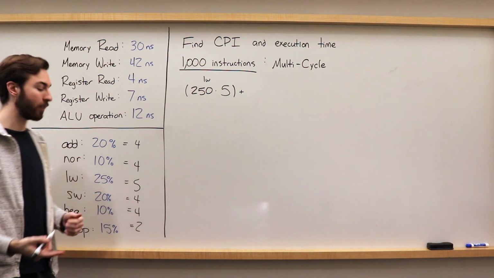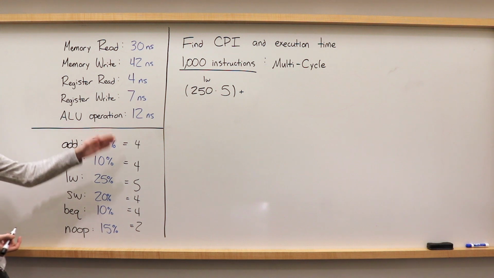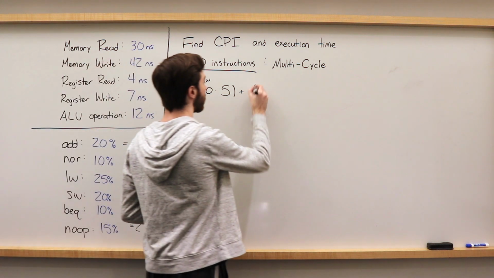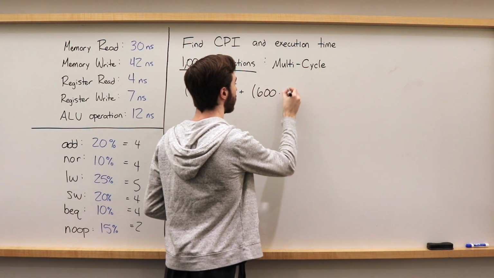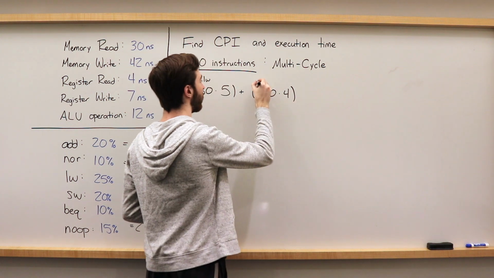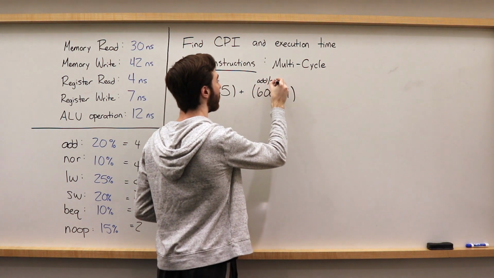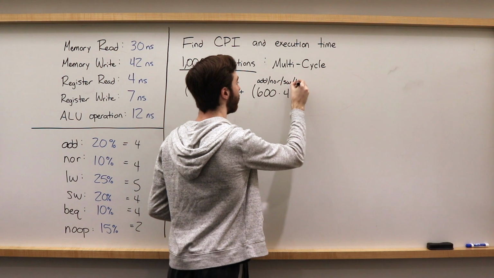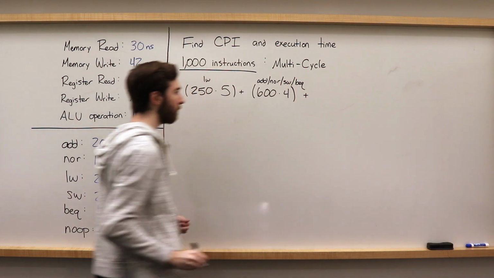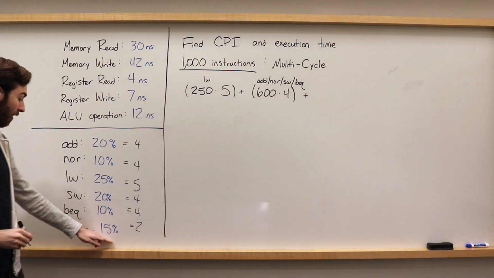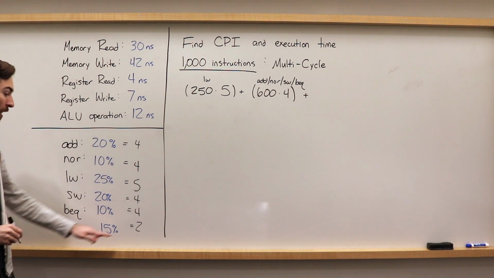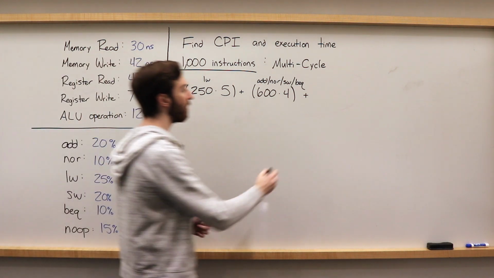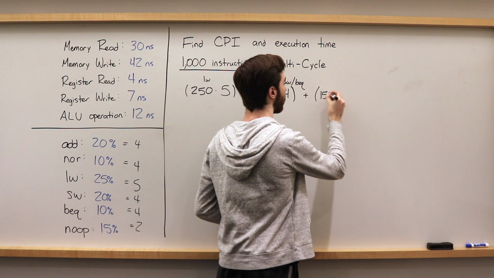So there are 600 of these types of instructions that take 4 cycles to execute. And that's for add, NOR, SW, and BEQ. And then lastly, we know that there are 150 instructions, the NOOPs, that only take 2 cycles to execute. So we can do 150 instructions.